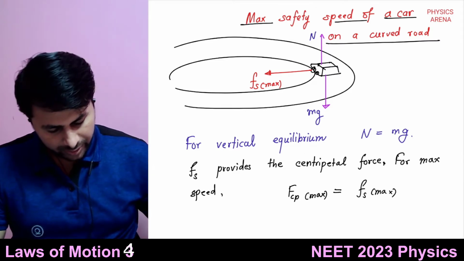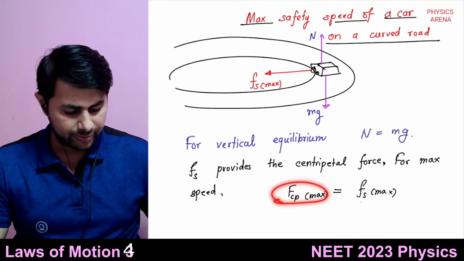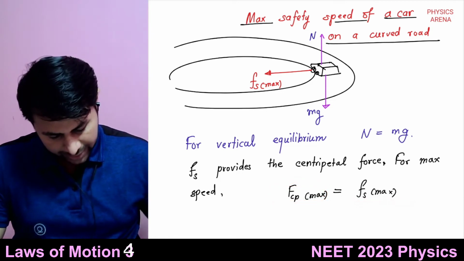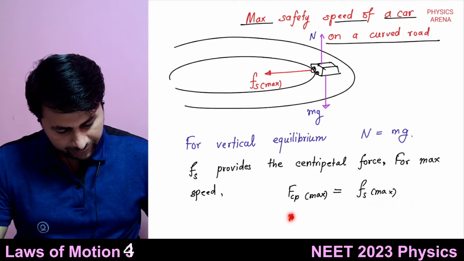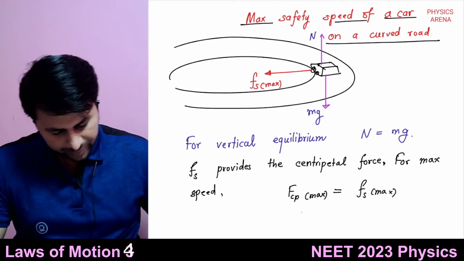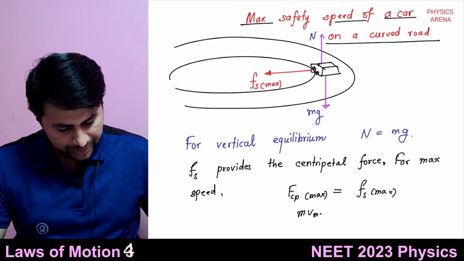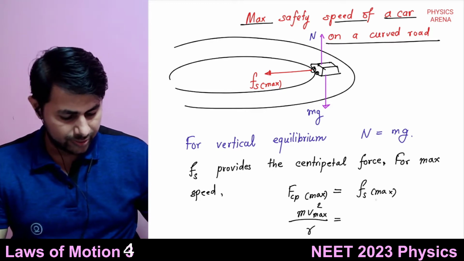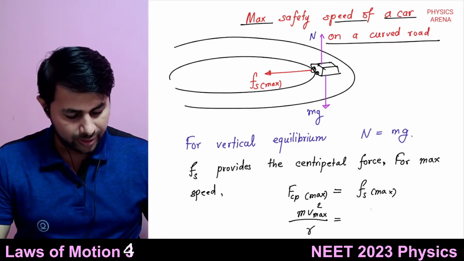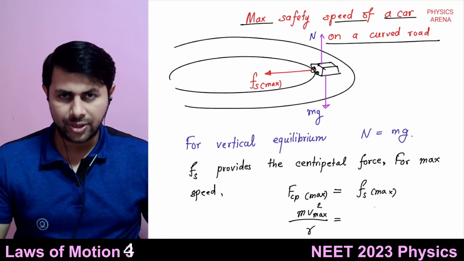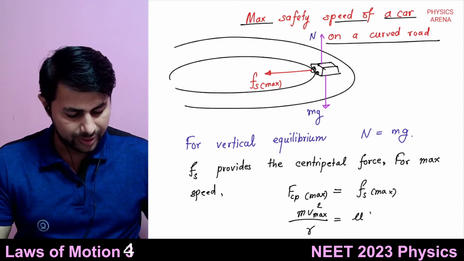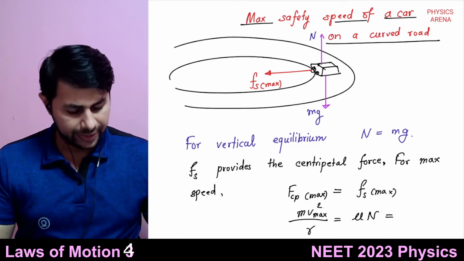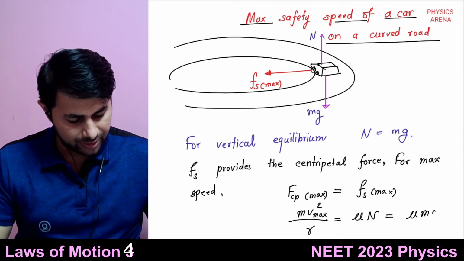So maximum centripetal force is equal to Fs max, and therefore we can write m v max square upon r is equal to what? The maximum frictional force, mu multiplied by the normal reaction. And what is the normal reaction? It is mg. So it is mu times mg.